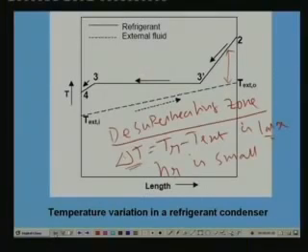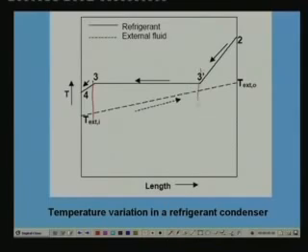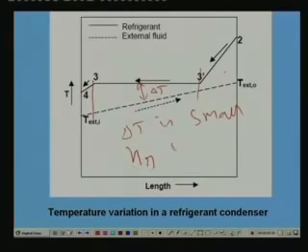Okay. And if you look at the condensing zone, okay, in the condensing zone you find, that means this zone. In this zone the temperature difference is typically small compared to this zone, that means delta T is small. Okay. Whereas, the refrigerant heat transfer coefficient during condensation is large, right.